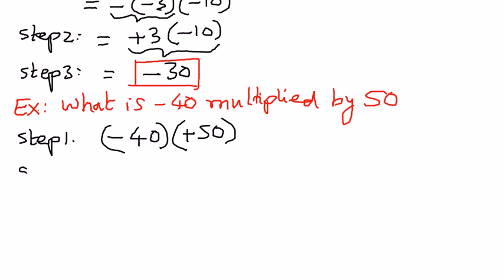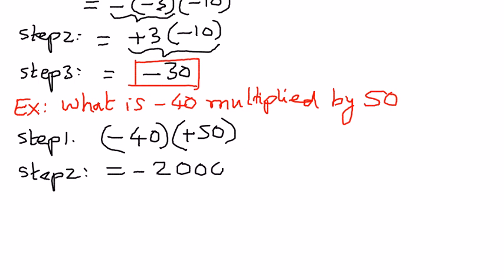So the steps we talked about were as follows. A negative number multiplied by a positive number, all negative times positive will be a negative, and then 40 times 50 is going to be equal to 2000.